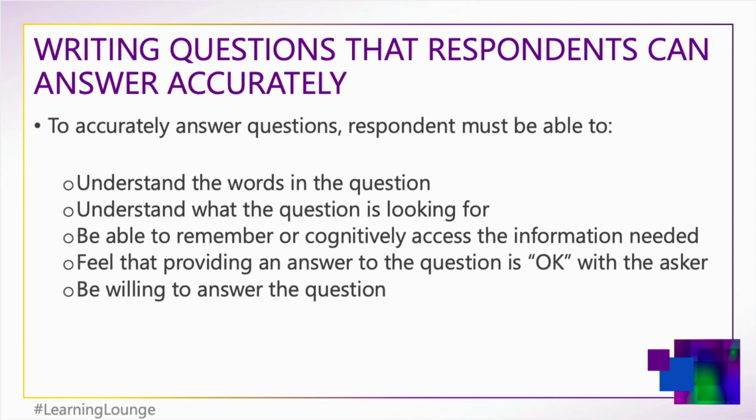And they have to feel that providing the true answer to the question is okay with you as the interviewer. It's okay with the asker. Someone might answer in a socially somewhat undesirable way, but you want to know. You may want to know questions about smoking during pregnancy, for example. If you ask the question in a way that's judgmental, like, you didn't smoke during pregnancy, did you?